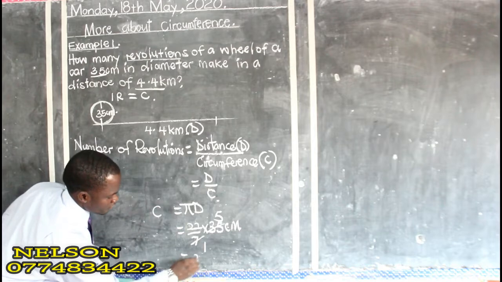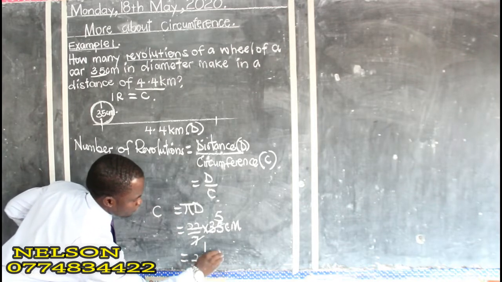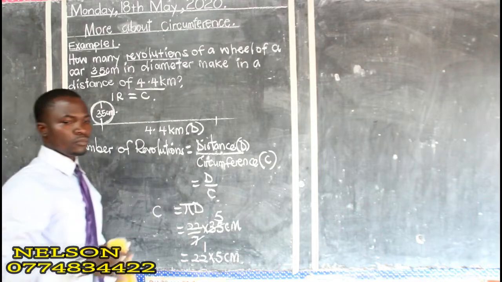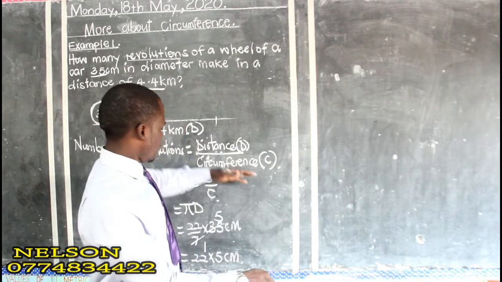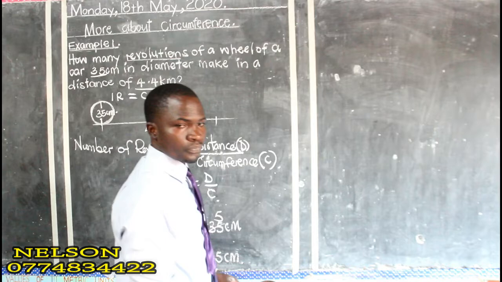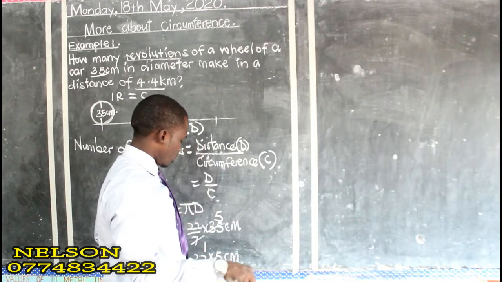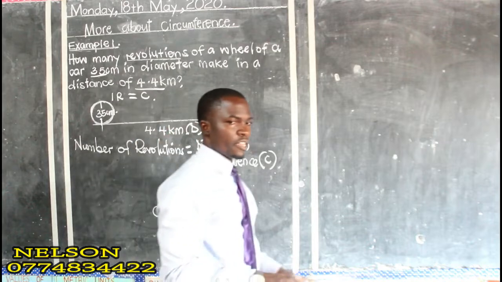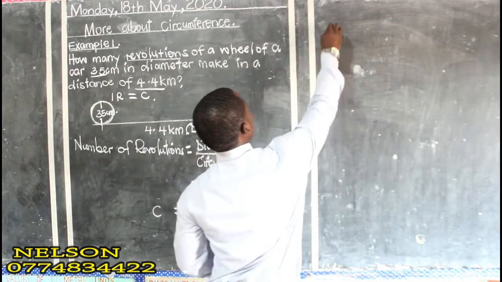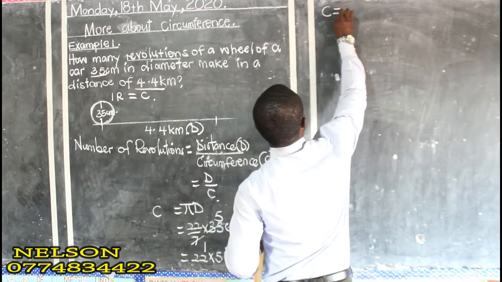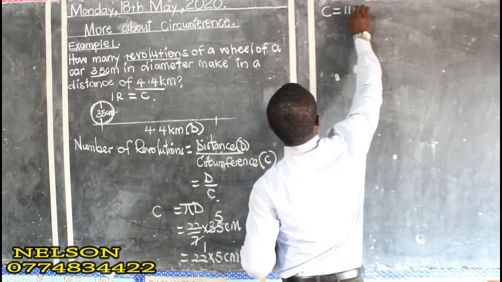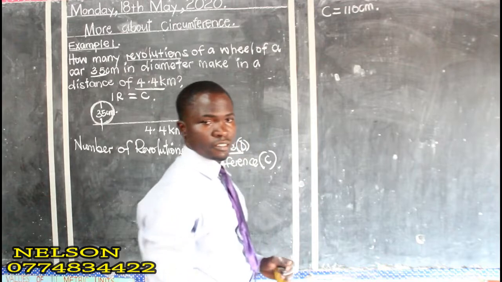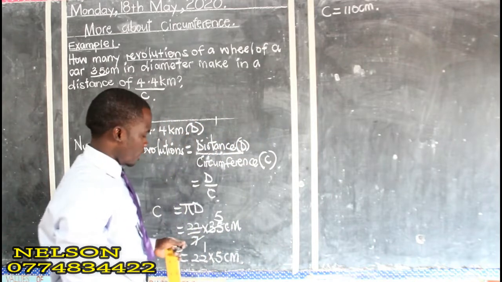So this is 22 times 5 centimeters. We shall multiply this, 22 times 5 centimeters, and we shall have our circumference as 110 centimeters. Okay?